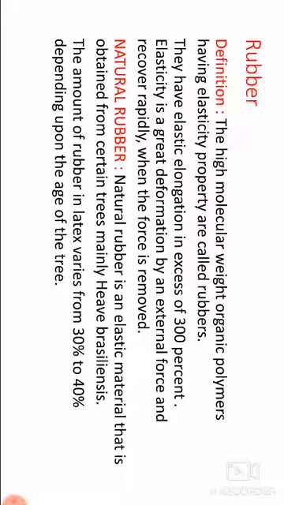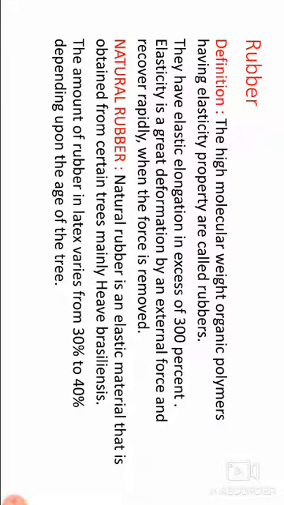Elasticity is a great deformation by an external force and rapid recovery when the force is removed.